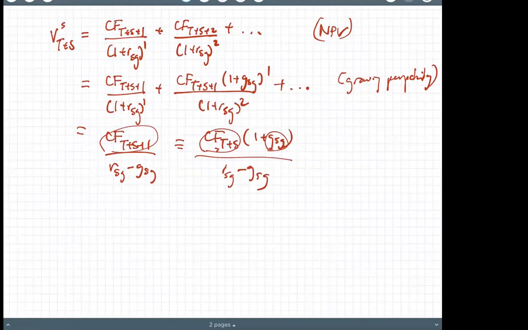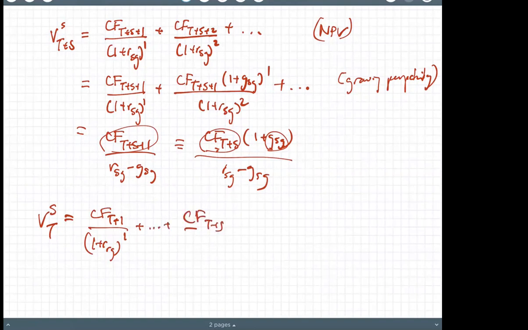And so then I just basically said, look, value at time t, conditional on success, should take into account everything that happens after time t, so the expected cash flow at time t plus 1, now discounted by the rapid growth discount rate, because t plus 1 is during the rapid growth phase, all the way up to cash flow at time t plus s.